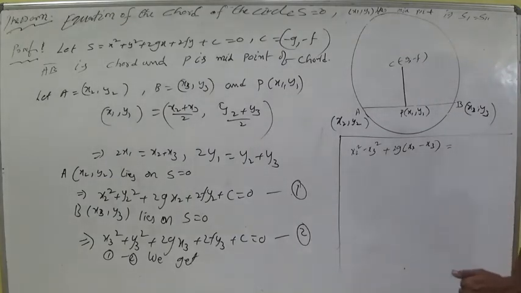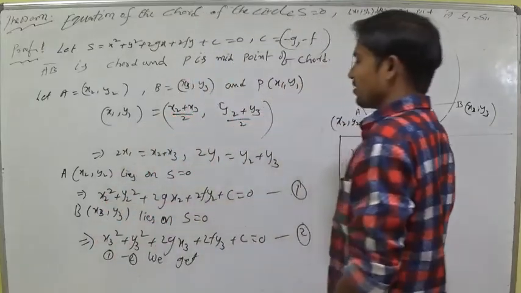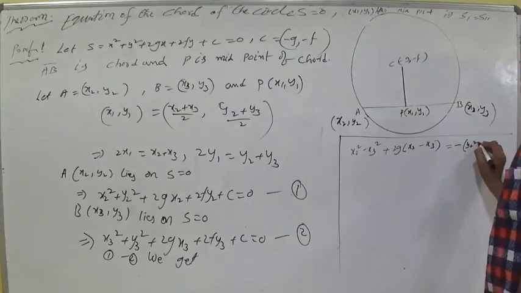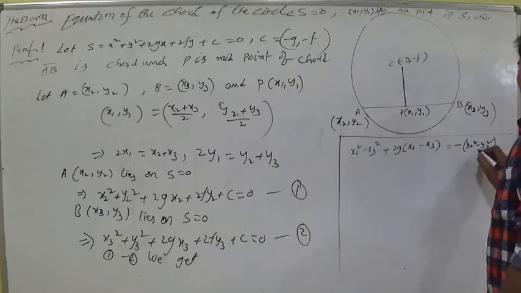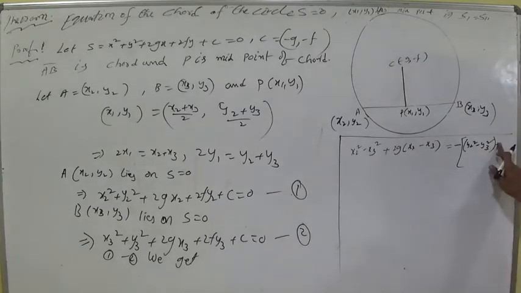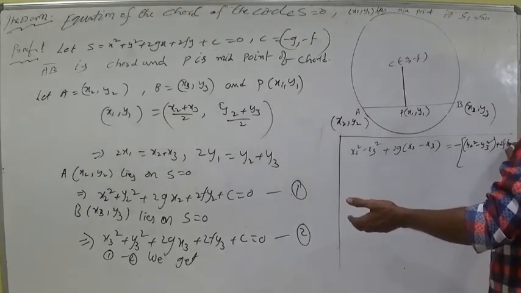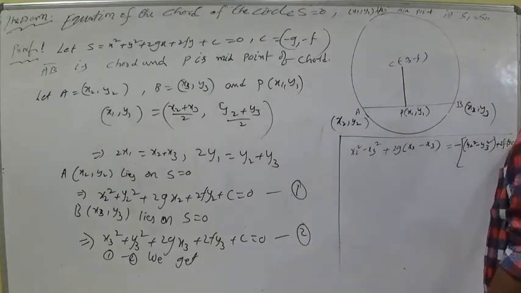equal to, now, y2 square minus y3 square, minus of y2 square minus y3 square, and totally minus is common, plus 2f(y2 minus y3), close the bracket.